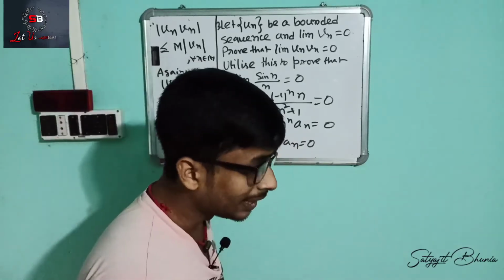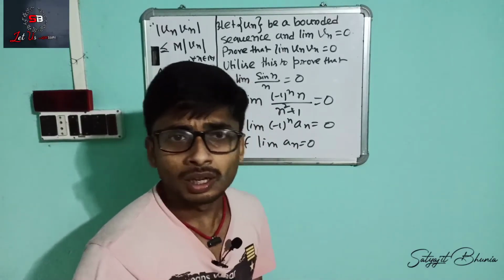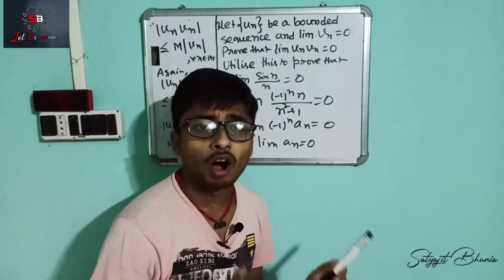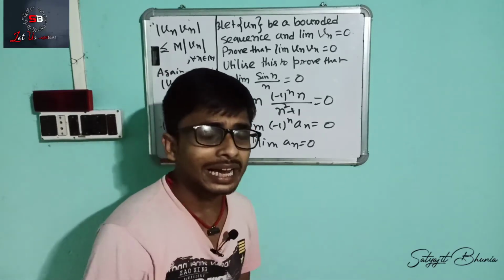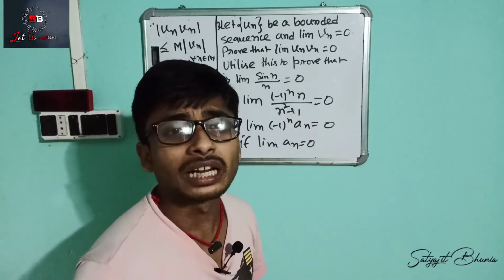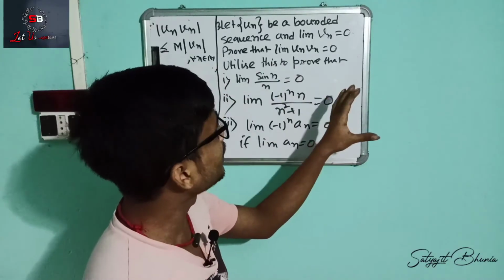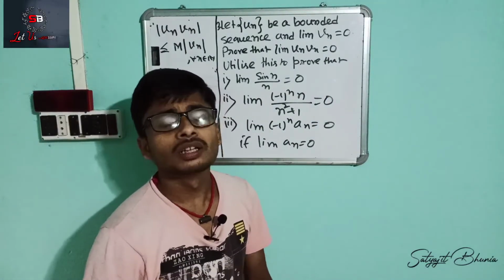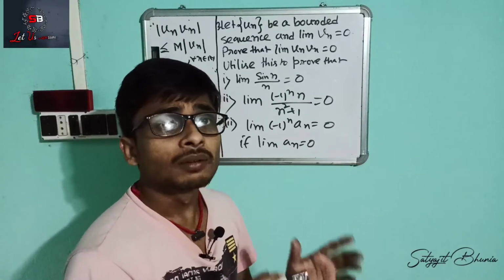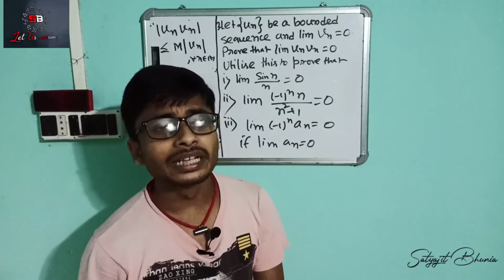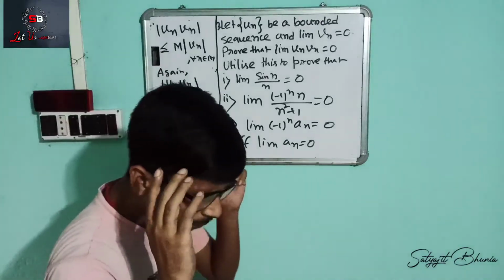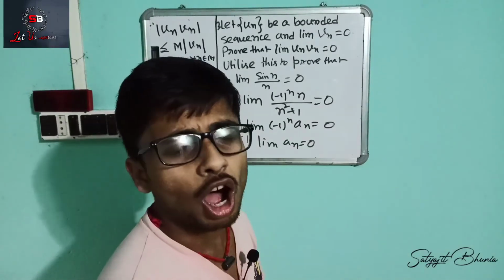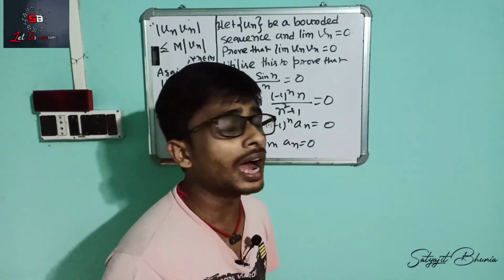So for this, firstly we use the definition of a bounded sequence, that is mod of un is less than or equal to M for all n belongs to capital N, and then we use the definition of the limit of a sequence: for a pre-assigned positive epsilon there exists a k such that mod of vn is less than epsilon by M for all n greater than or equal to k.